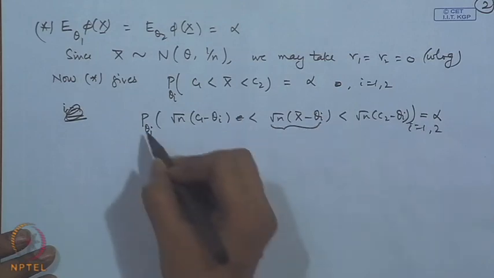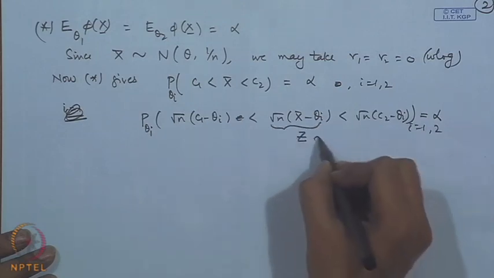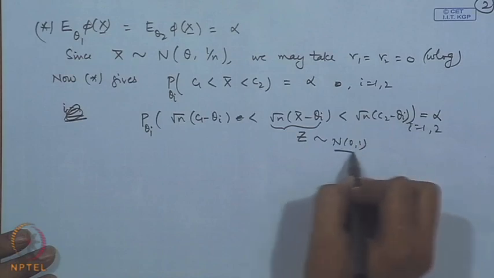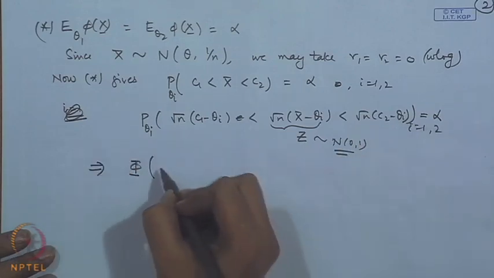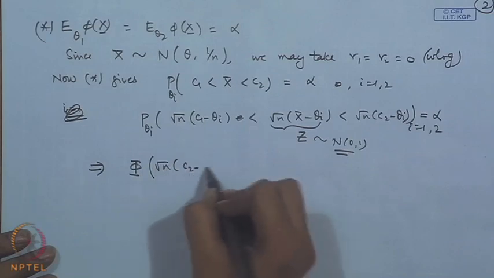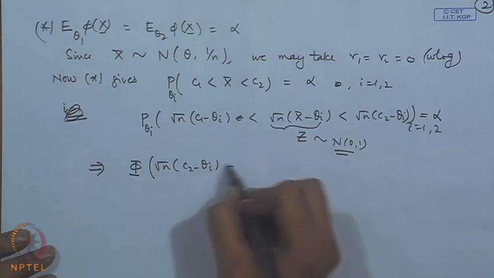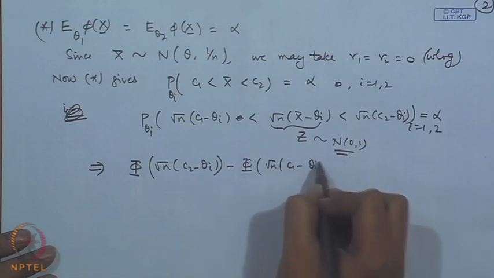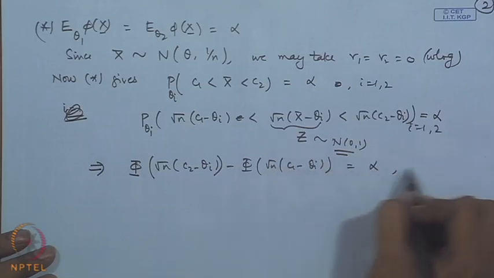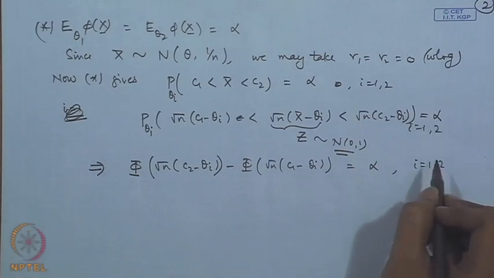Now, when theta is equal to theta i, this is normal 0, 1. So this reduces to phi of root n (C2 minus theta i) minus phi of root n (C1 minus theta i) is equal to alpha, i equal to 1, 2.